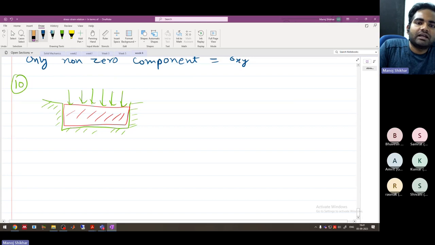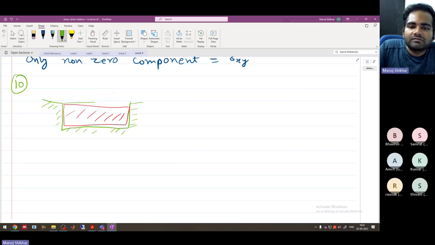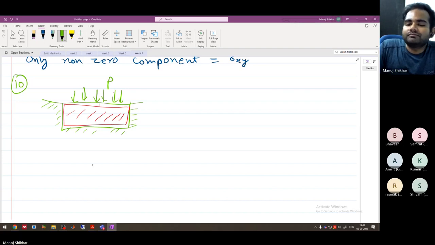To apply that pressure, they have used a steel block. Let's draw what they have given. There is one steel thing here, and they're applying pressure P on this steel. Since the steel is rigid, it will not deform, and the whole pressure will be transferred to the rubber. Now the question is, what will be epsilon xx, epsilon yy, and epsilon zz?